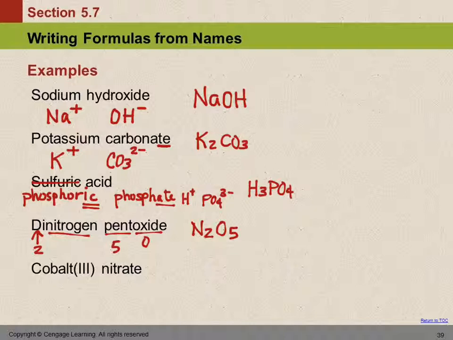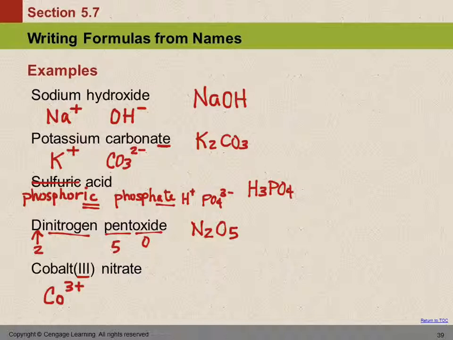Okay, this last one, cobalt-3 nitrate. The Roman numeral tells us right away it's an ionic compound, because only ionic compounds use Roman numerals. So cobalt is one of those elements we don't use quite as much, but cobalt is Co, and that second letter is lowercase. This 3 tells us that it's 3+.